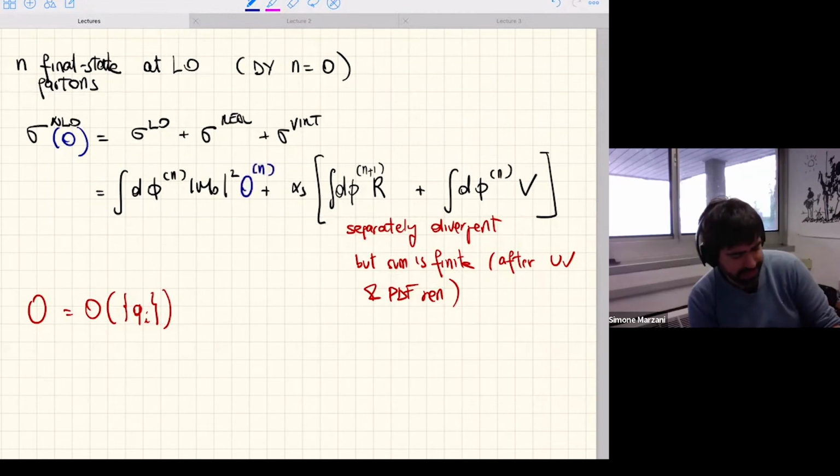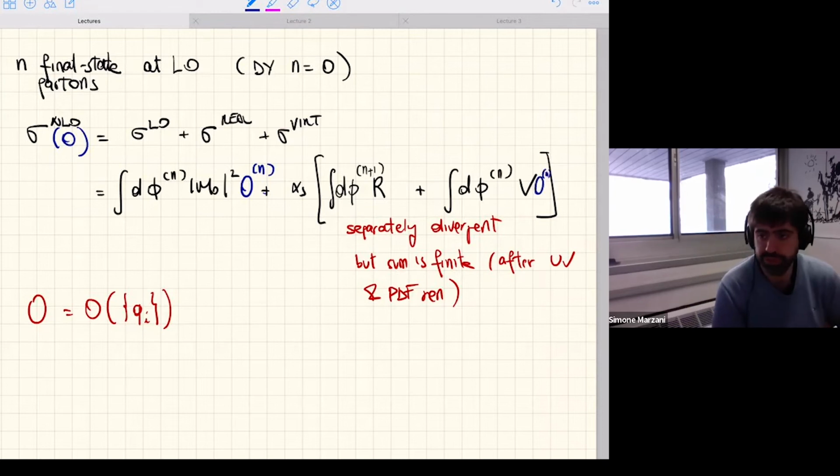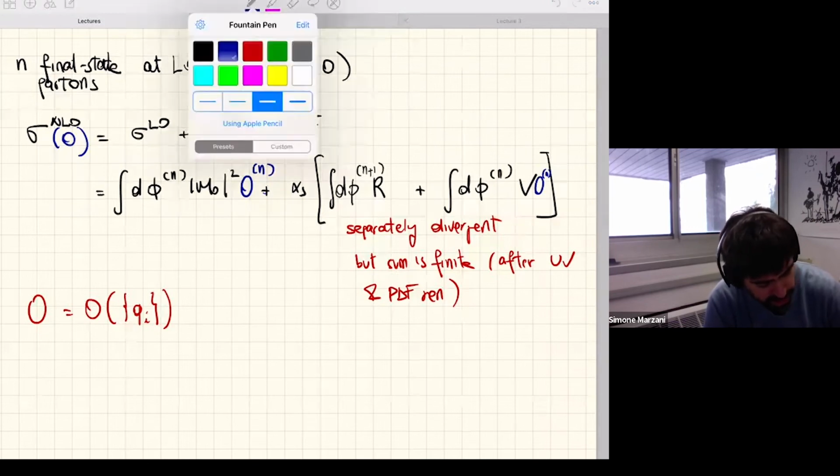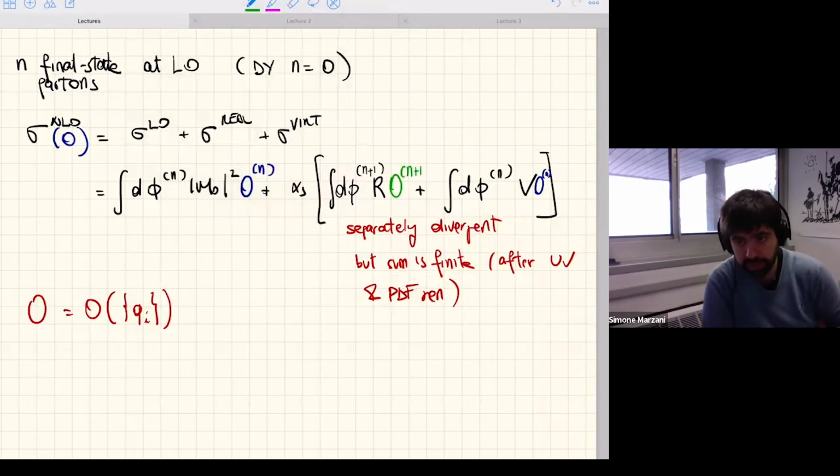At leading order, the measurement function will take as inputs the final state momenta, so I'm going to indicate it with O_n. The same will be true for the virtual corrections, which live in the same phase space. However, the measurement function I have to use for the real emission will take n+1 partons as the argument.